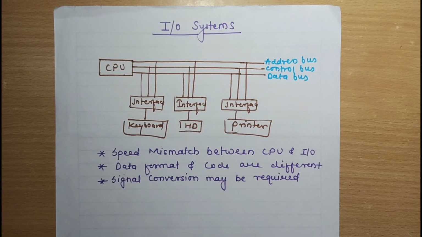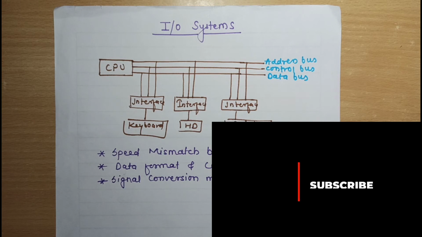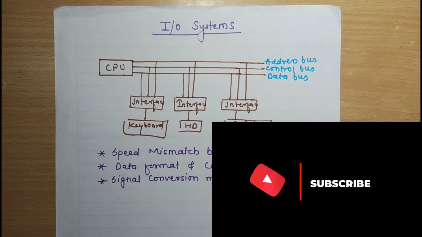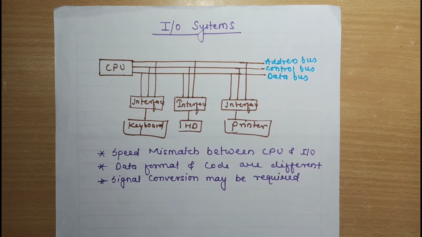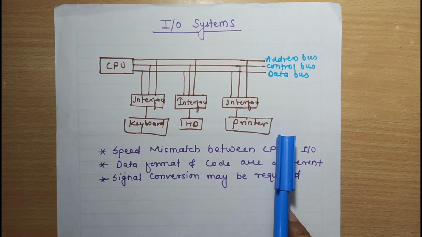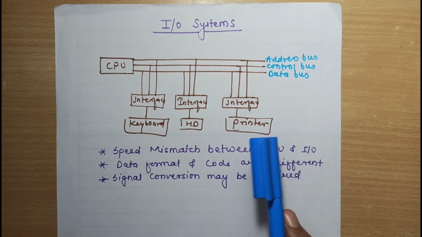So in the series of operating system subject, we are left with few topics, and the next topic is IO system. Here we have to discuss how communication takes place between CPU and input output devices. What do you mean by IO devices? The peripheral devices. Central processing unit is connected with the different peripheral devices, our IO devices, that is input output devices.